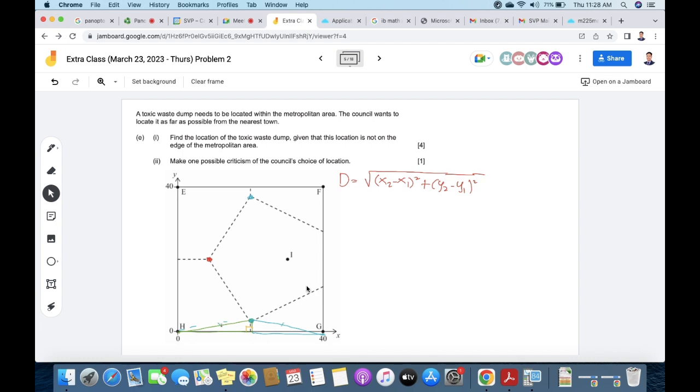This is 20, this is also 20, and this one is 2.5. Do you follow? So if we solve for its distance, you will find out that this is about 20.16. Sorry, this is also 20.16. Do you get it?